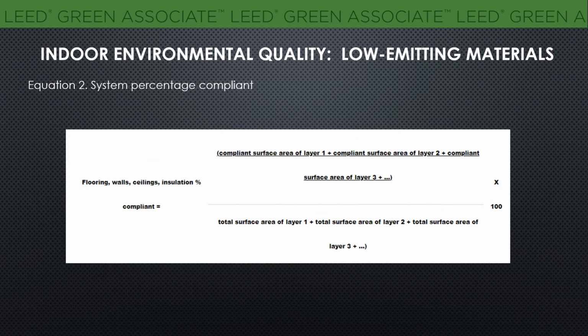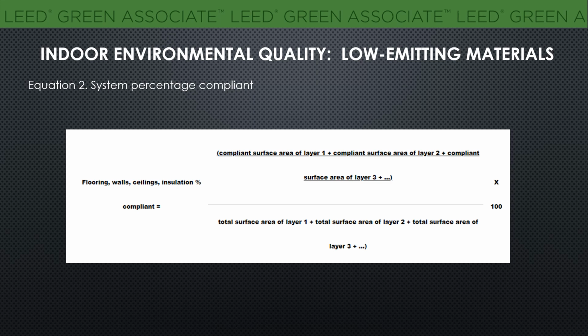This equation shows the system percentage compliant. How to find the assemblies' percentage compliant? There are a total of 5 assemblies as I mentioned. Flooring, wall, ceiling, and insulation percentage compliant can be found by this equation. As I mentioned, this equation is not required for your LEED Green Associate exam.